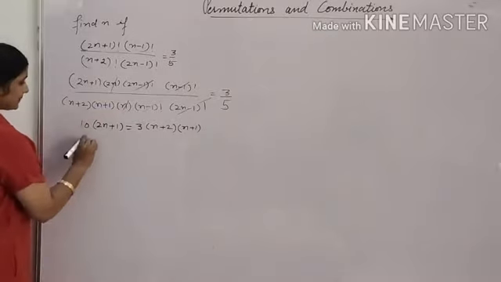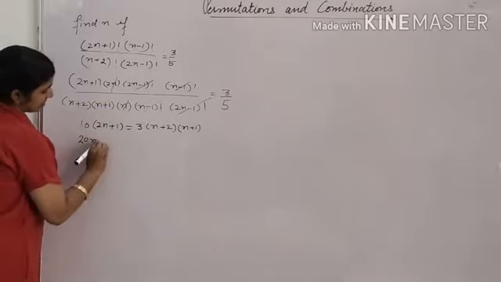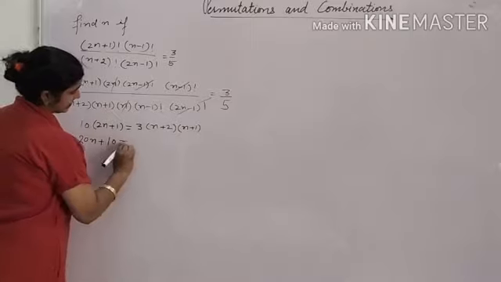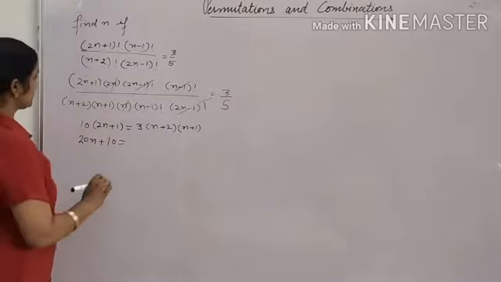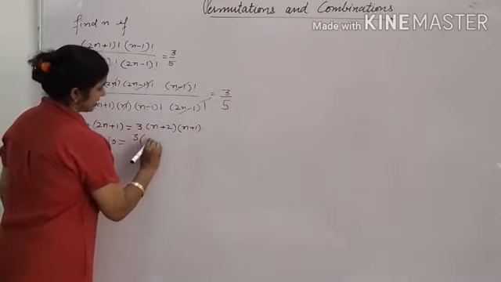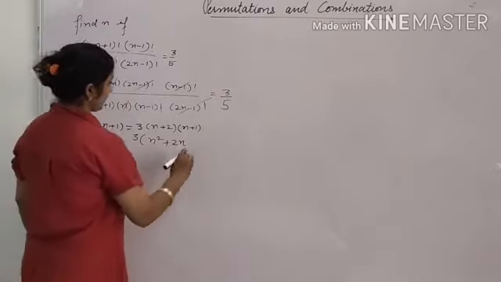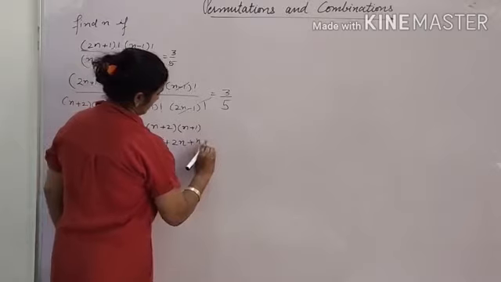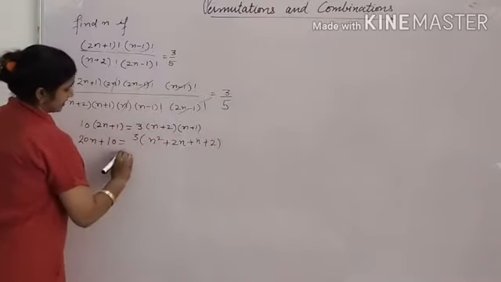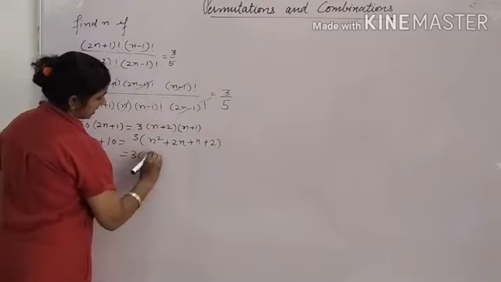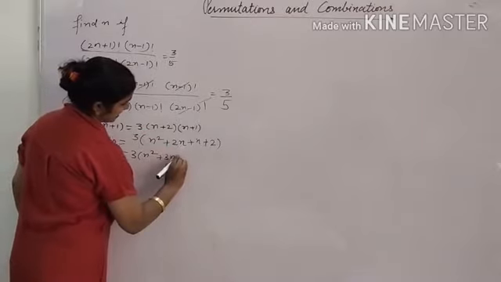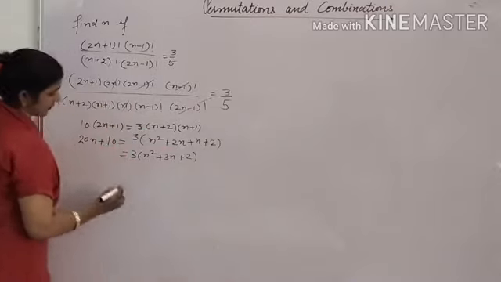Okay? Multiply this. 20n plus 10 is 3 into n square plus 2n plus n plus 2, means 3 into n square plus 3n plus 2.